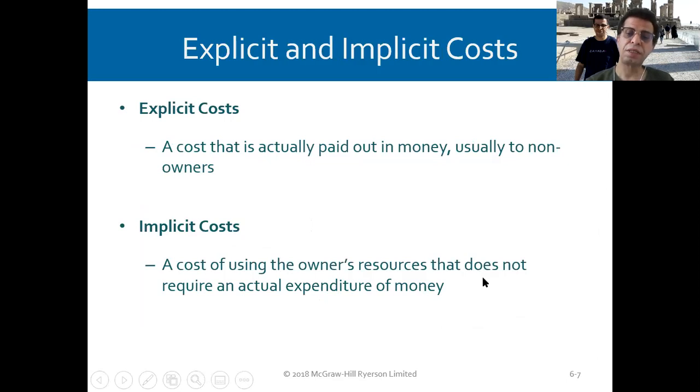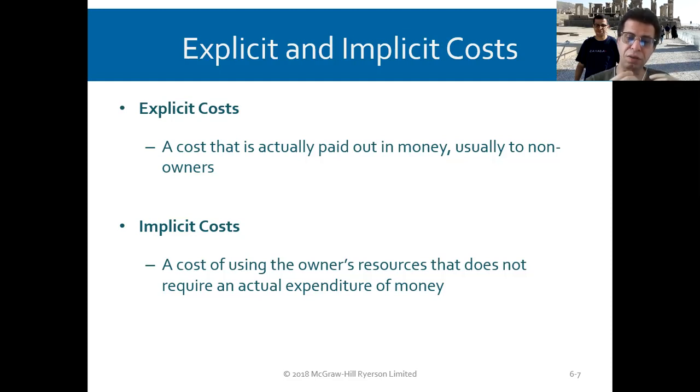Now, the explicit and the implicit costs, and that's where the difference between the accounting approach and the economic approach comes in. The explicit cost is a cost that is actually paid out in money to non-owners.